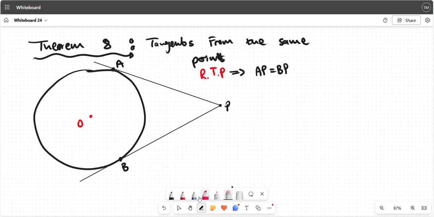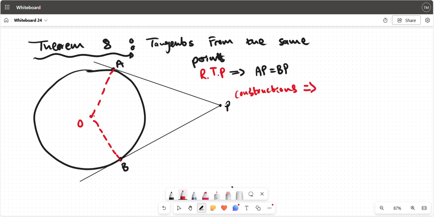So let's start with some constructions. In almost every single proof, there are constructions that you need to do. So the construction here is that we're gonna construct this line, which is the OA line, and this line, which is the OB line.